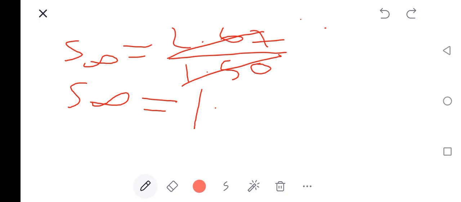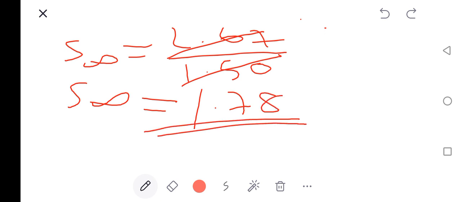We are getting 1.78. That becomes our answer for the sum to infinity.